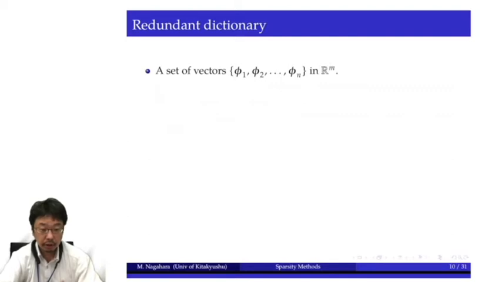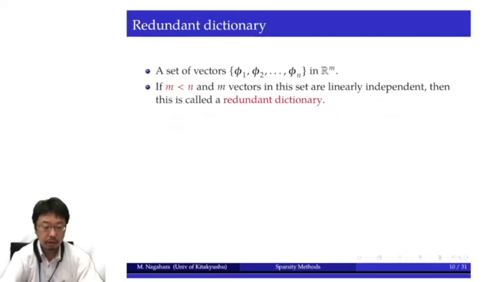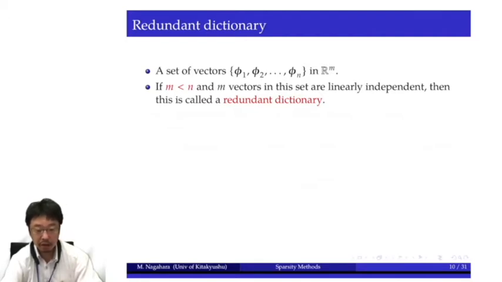Let us generalize the problem of sparse representation with a redundant dictionary. Suppose that we are given a set of vectors phi1, phi2, and phi-n in m-dimensional vector space. If the dimension m is less than the number of vectors n, and m vectors in this set are linearly independent, then this is called a redundant dictionary.